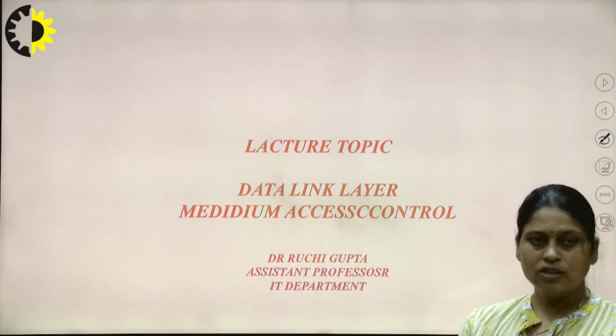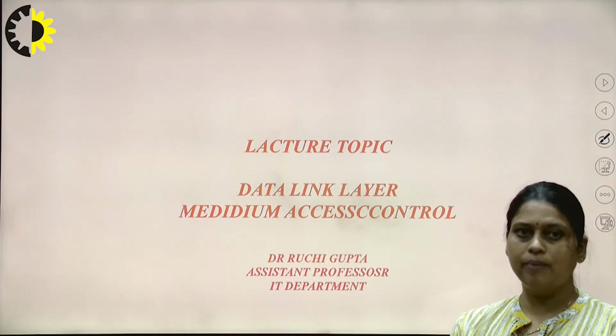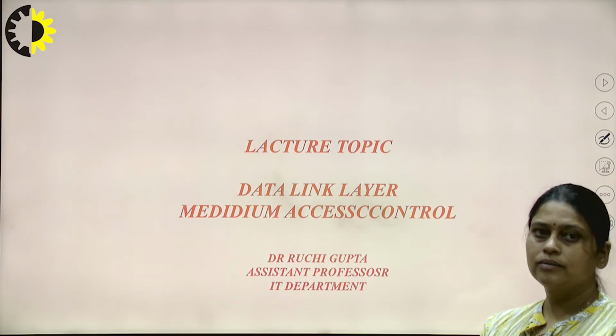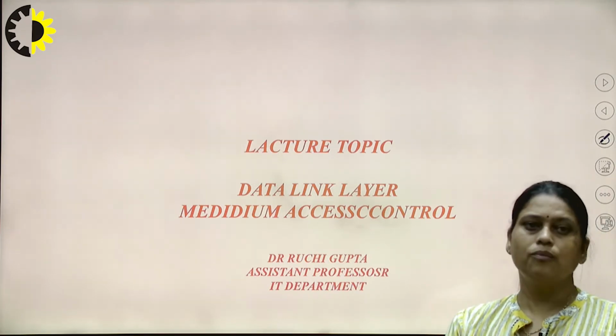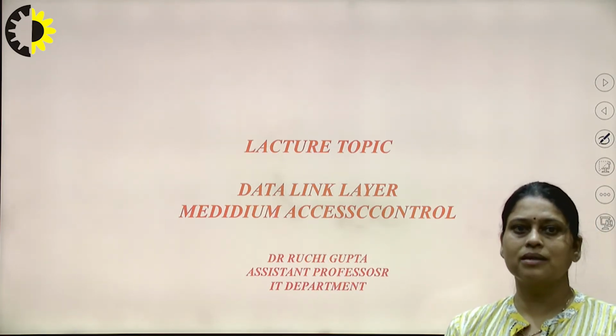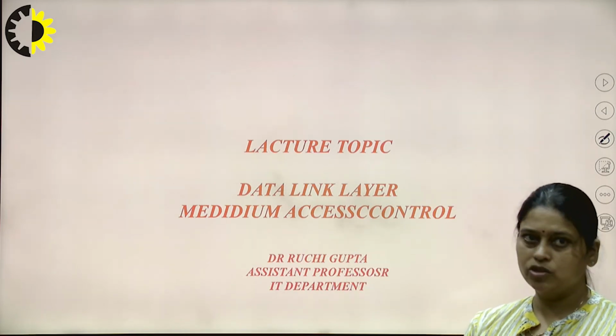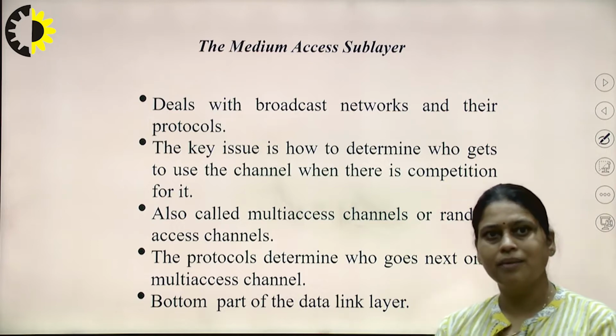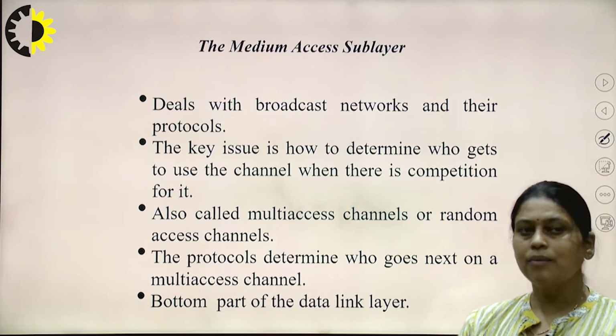So the major functionality of LLC is framing, flow control and error control, and the major functionality of the medium access control layer is channel allocation. So what is the functionality of the medium access sublayer?